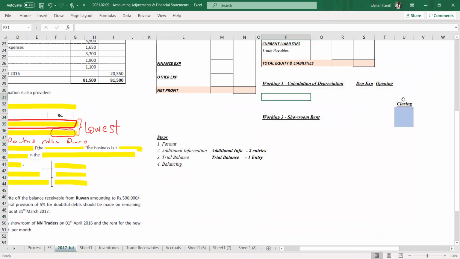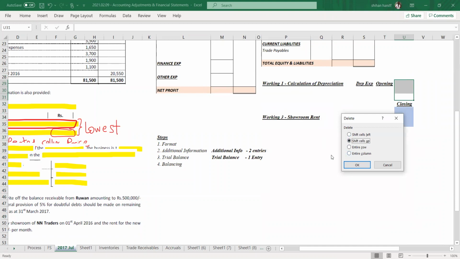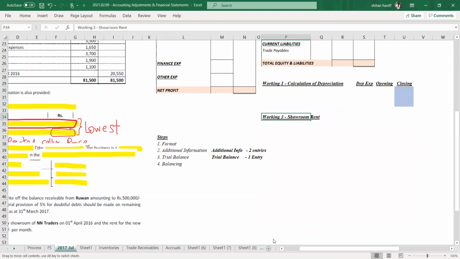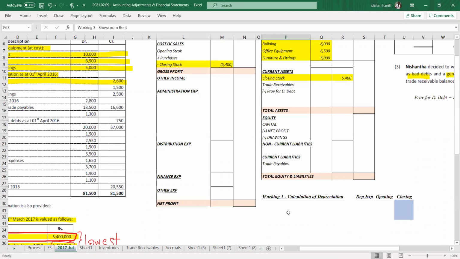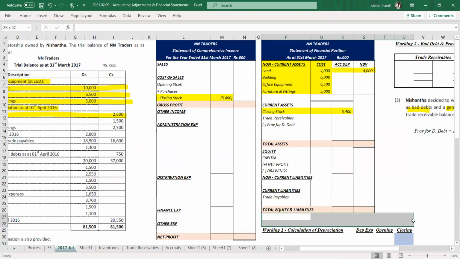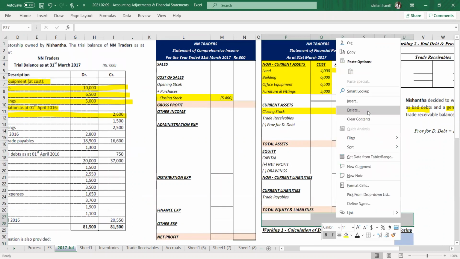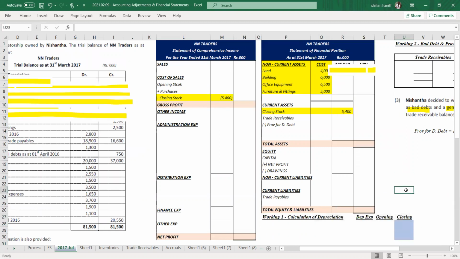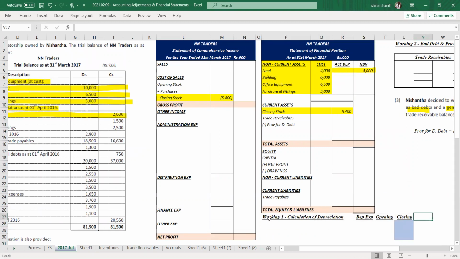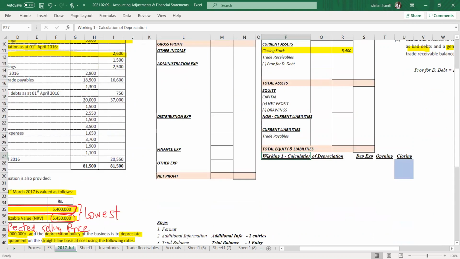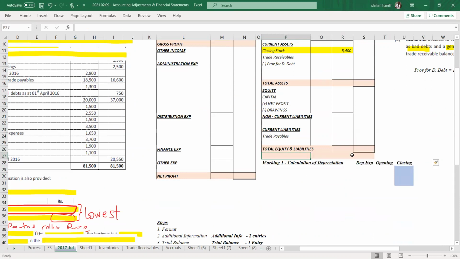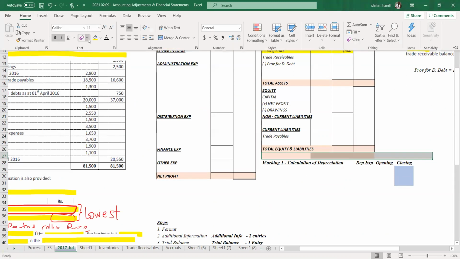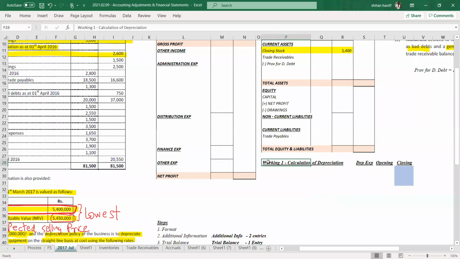So I'm going to do a working for depreciation. Working number 1.